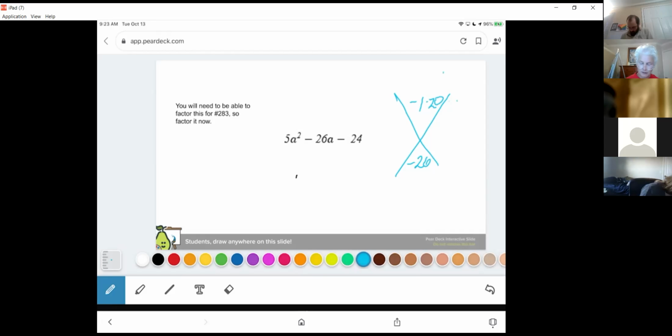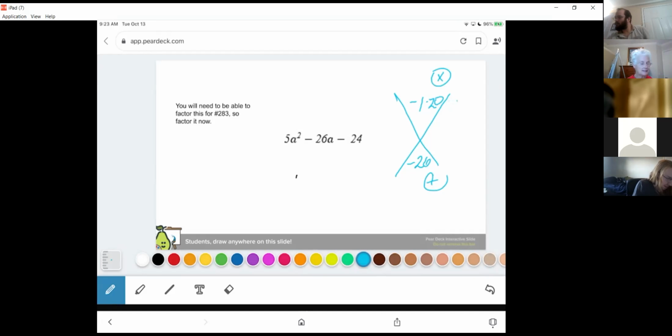We need two numbers that are going to multiply to negative 120 and add back to negative 26. What is that called? Group factoring? What's the term you guys use? Factor by grouping, yeah, there you go.